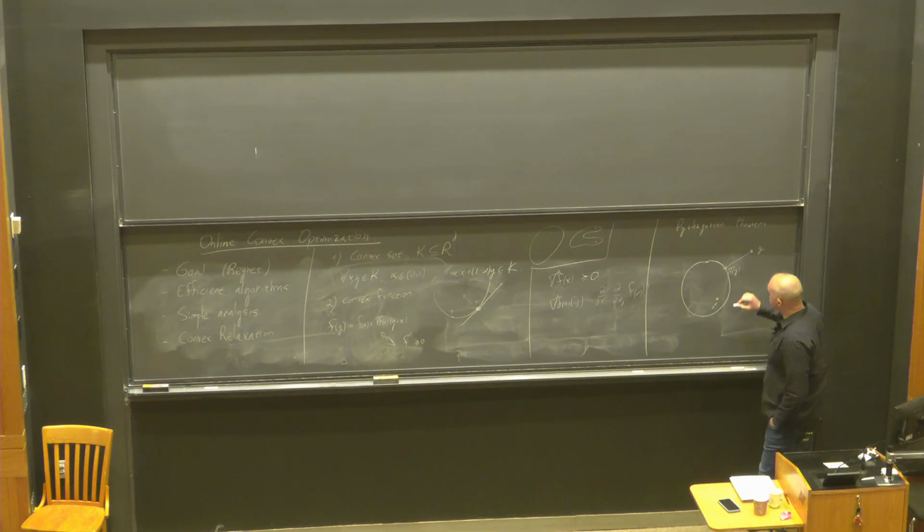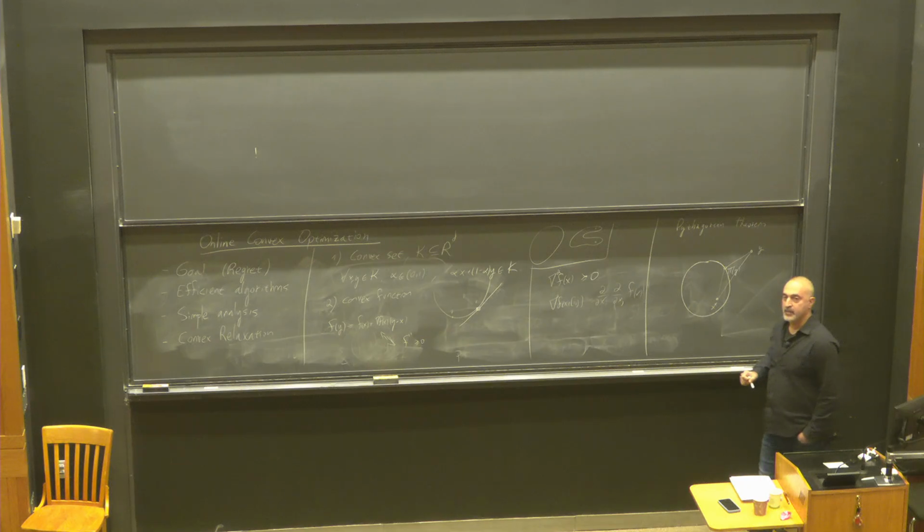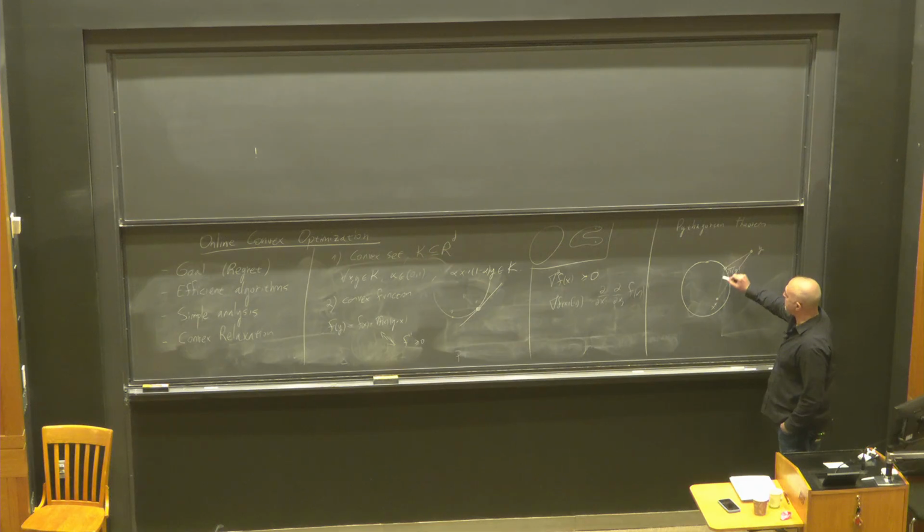Then the following holds. The distance between pi of y and x star is smaller than the distance between y and x star.